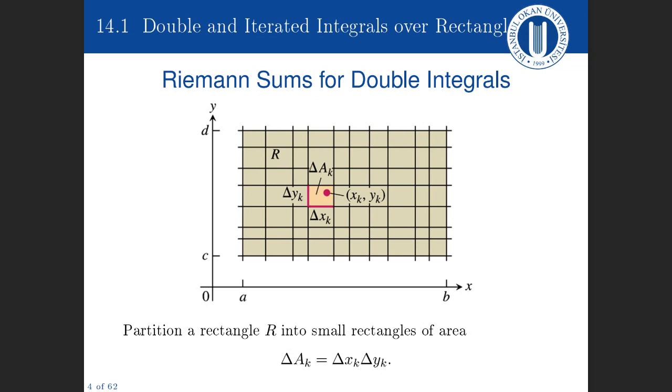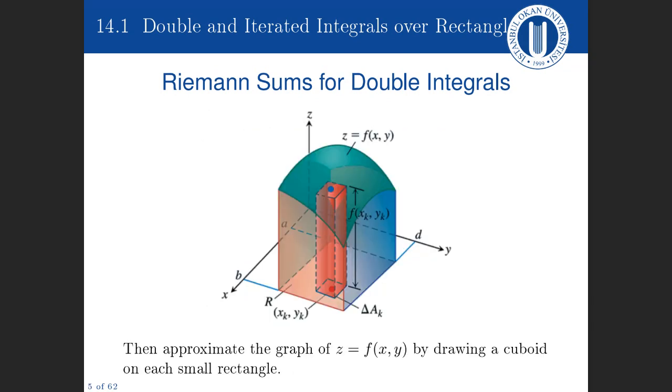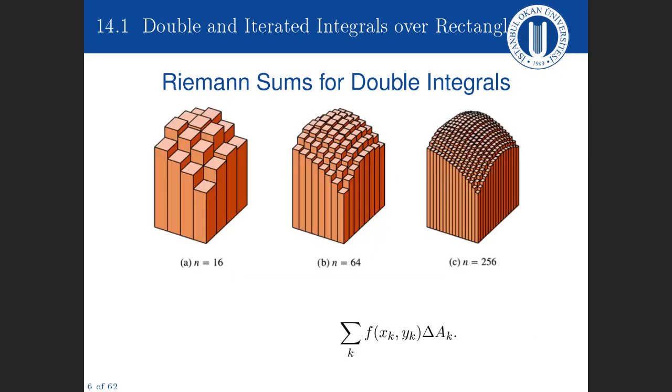And then on each one of these small rectangles, we're going to be drawing a cuboid or a column such that the height of the cuboid approximates the function. And then we're going to add together the volumes of these cuboids, something like this. This will give us our Riemann sum.